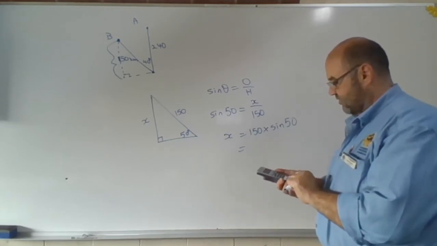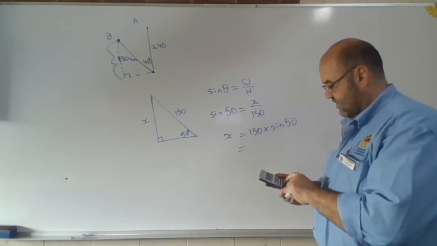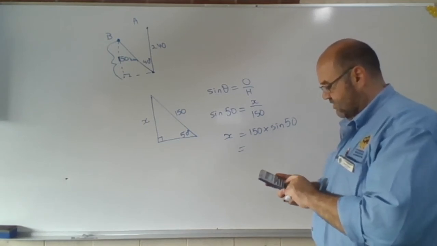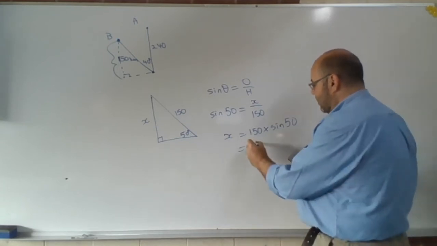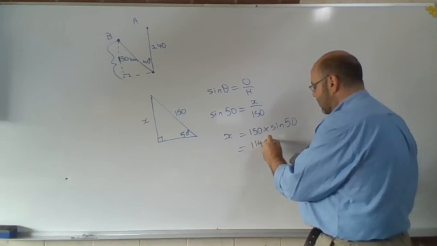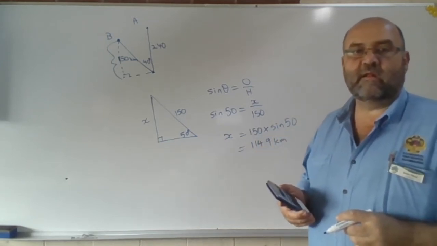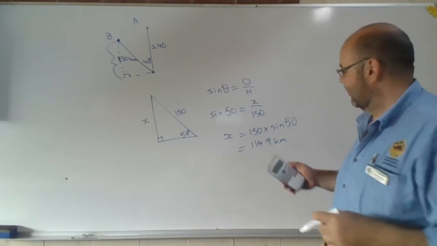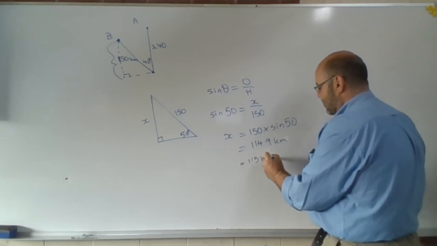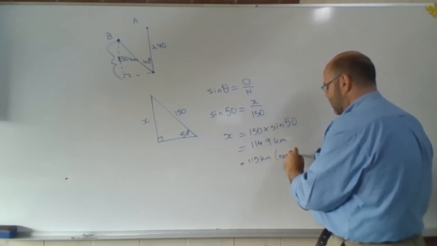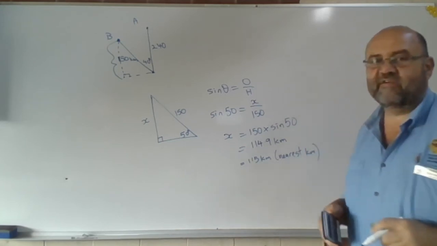So we've got 150 times the sine of 50. That's 114.9 kilometres. Now they wanted to the nearest kilometre, so that's 115 kilometres to the nearest kilometre.